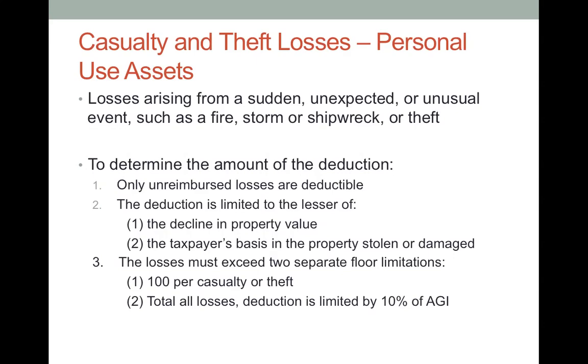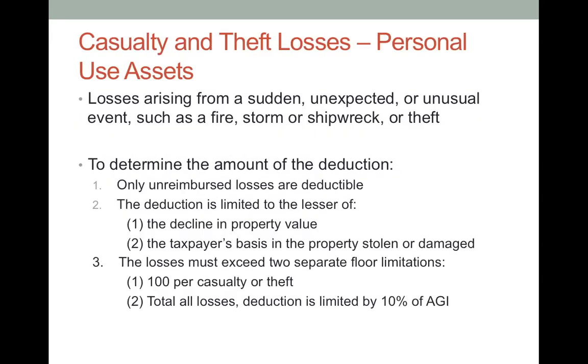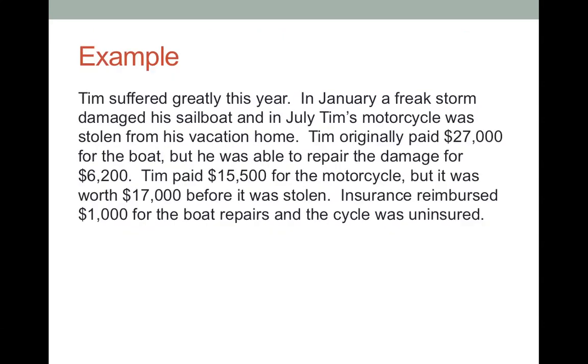That's what he had to pay to get the boat back to good condition. So for the boat, the deduction is limited to the lesser of $6,200, the decline in the property value, or the taxpayer's basis, which is $27,000. So the amount of the loss for the boat is going to be the $6,200. Then Tim's motorcycle was also stolen. He paid $15,500 for the motorcycle. That's his basis.